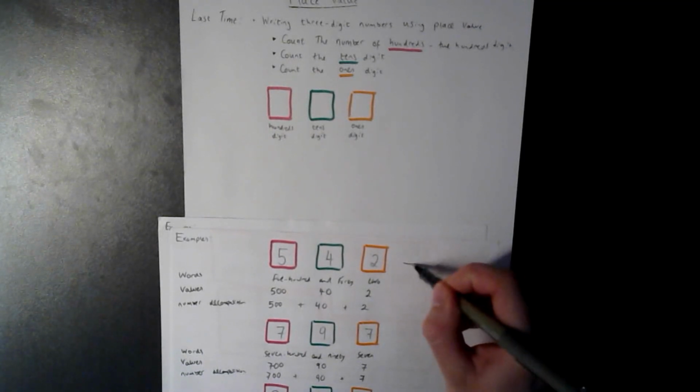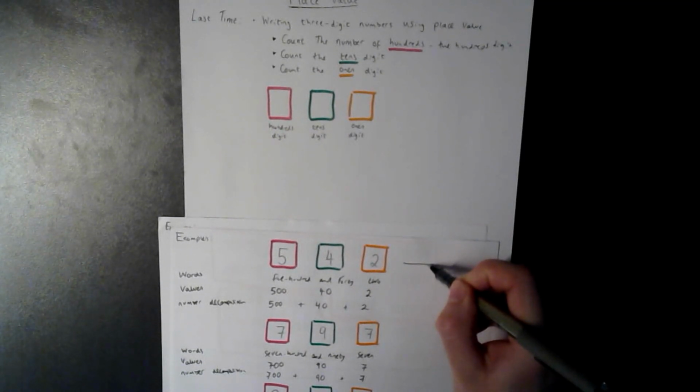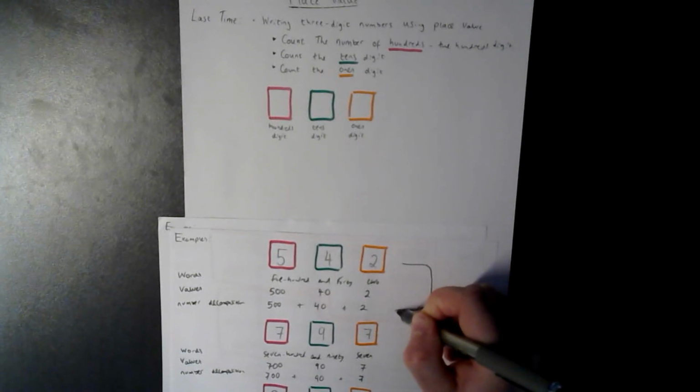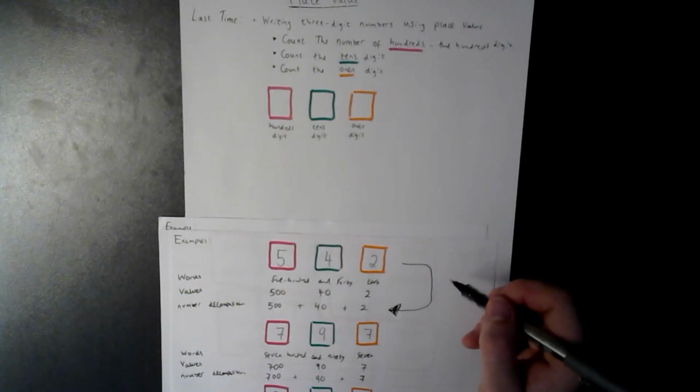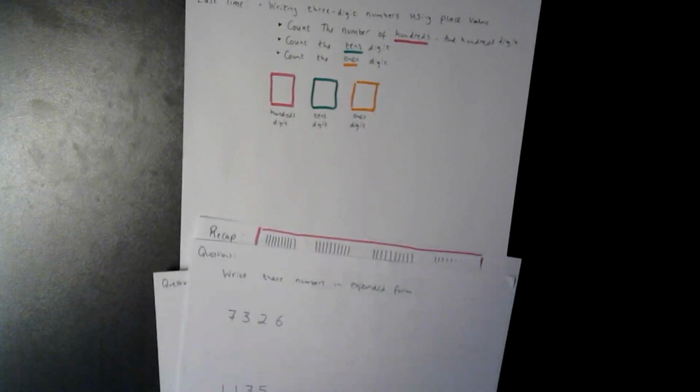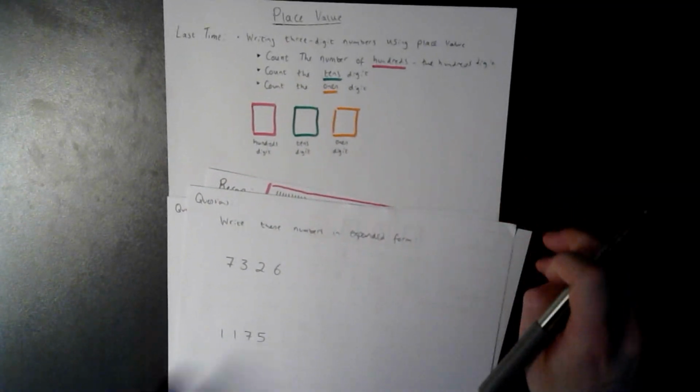What I want you to have a go at now is to try and get from the numbers all the way to their decomposition in one step, in one quick step. And that's the aim of this exercise.